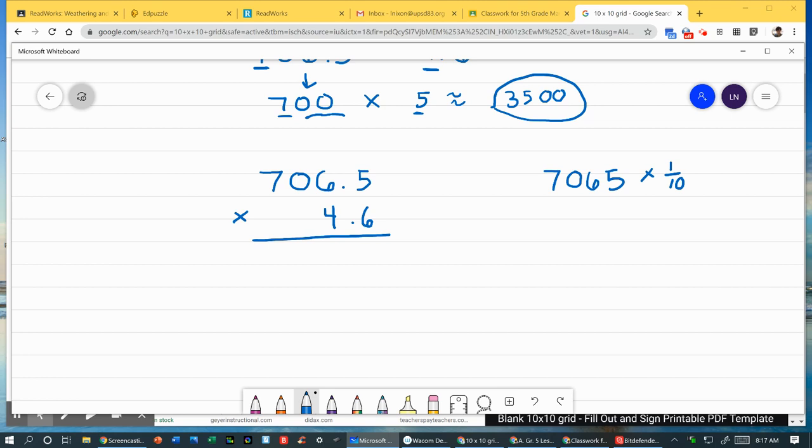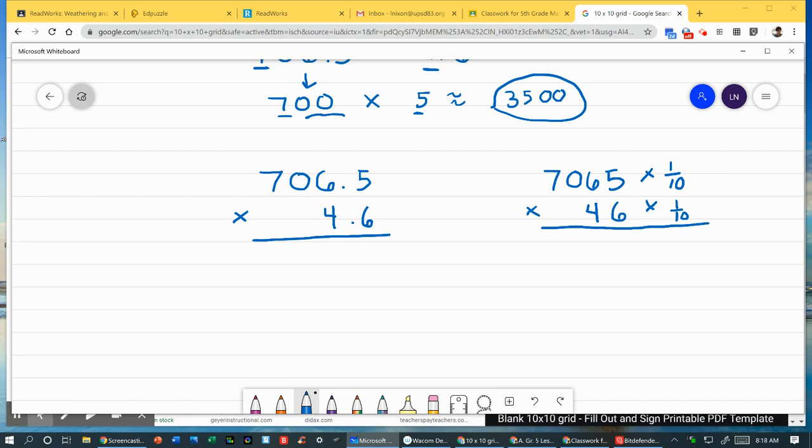And then they wrote, that's going to be times 4 and 6/10. So they have 46 times 1/10, because we know 46 times 1/10 is really 4 and 6/10.